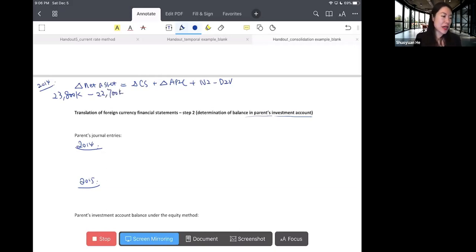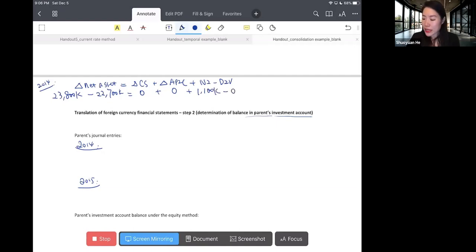All of this you can get directly from the example that was given. The common stock doesn't change. Additional paid-in capital doesn't change. The firm's net income during the year is 1.1 million, and there's no dividend.